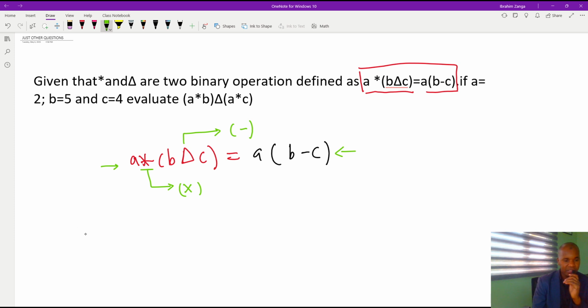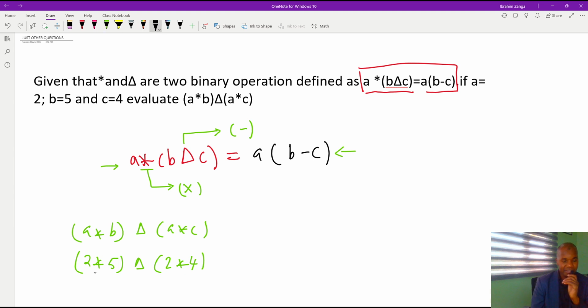So how do we evaluate A star B delta A star C? We are going to write, so you have A, which is 2, star B, which is 5, delta, you have A again, it is 2, star C, which is equal to 4.